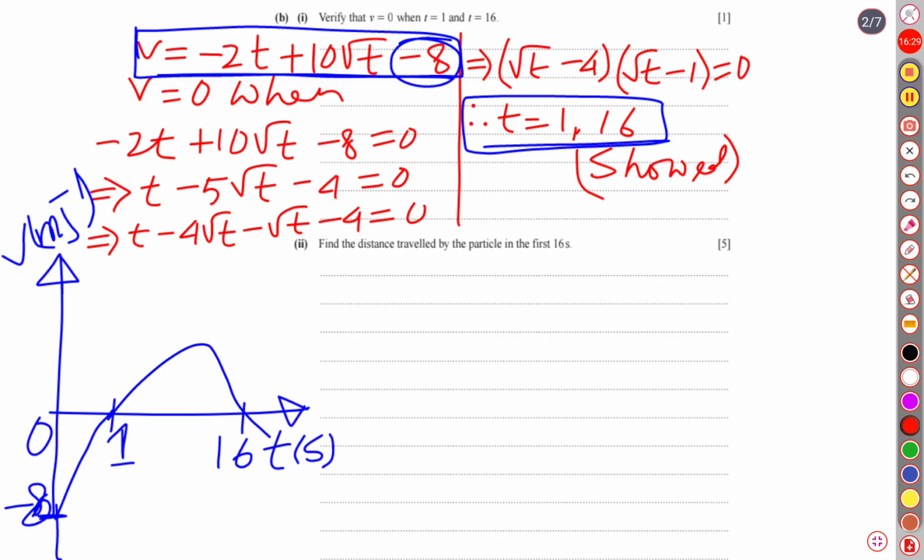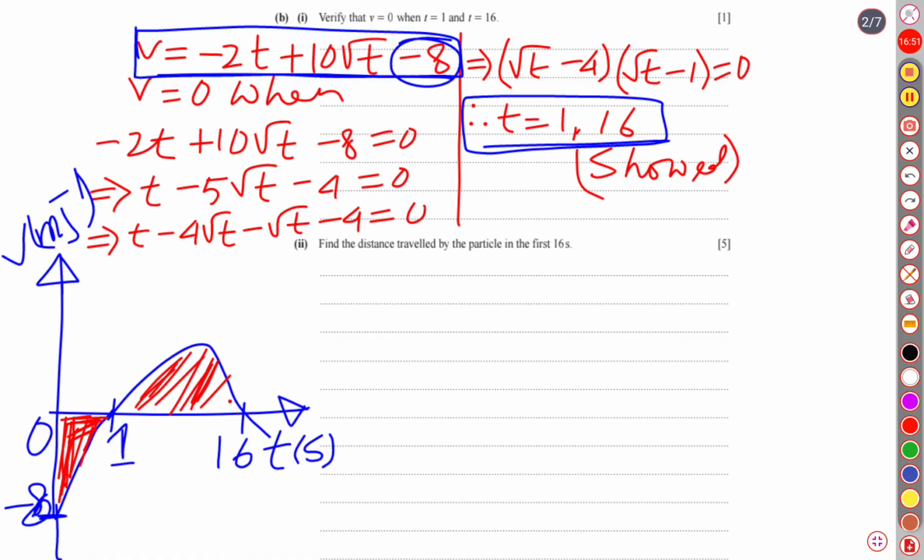This portion of the curve is lying just under the x-axis. That means it will produce a negative value if we integrate this. And this portion is above the x-axis, so it will produce a positive value.